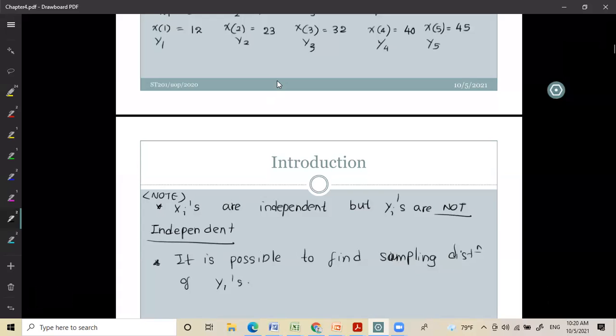So for the minimum, you can find the PDF. For the maximum, you can find the PDF, the CDF, and everything. If you want to find the PDF of Y3, you can find it. If you want to find the joint PDF of Y1 and Y5, that is the minimum and the maximum, that is also possible. And if you want to find the joint distribution of the first three smallest order statistics, Y1, Y2, and Y3, that is also possible.